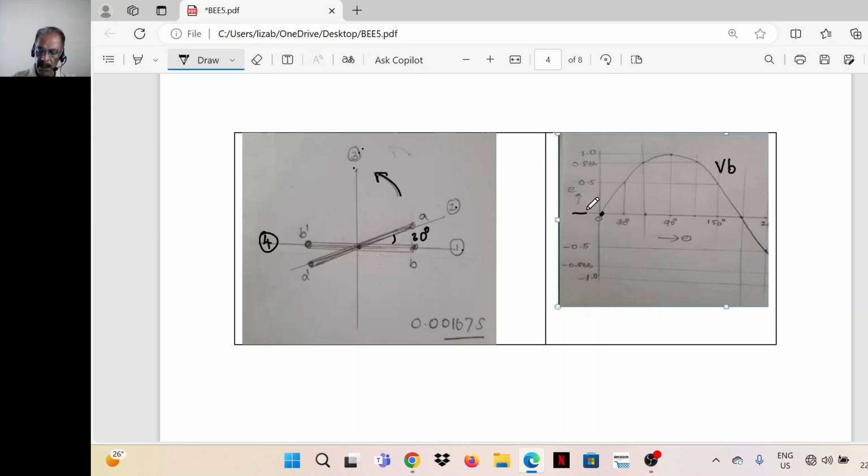This duration is 30 degrees, so VA will reach the maximum 30 degrees before VB reaches its maximum. So the VA waveform will be like this. This is VA.